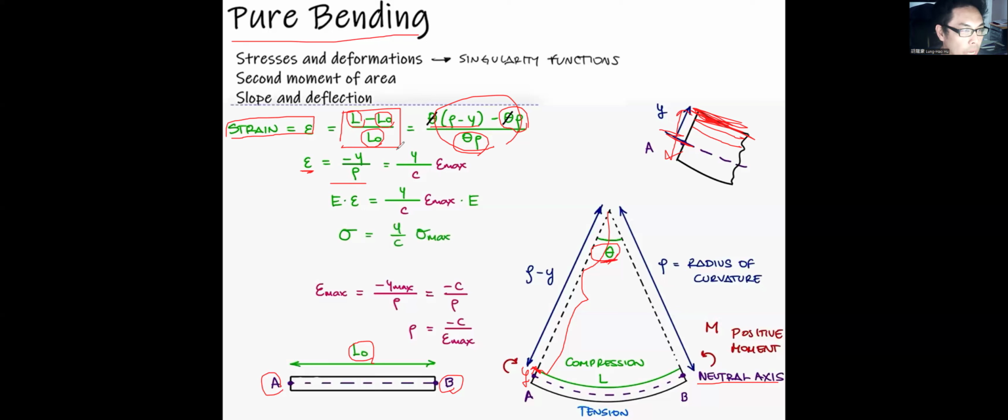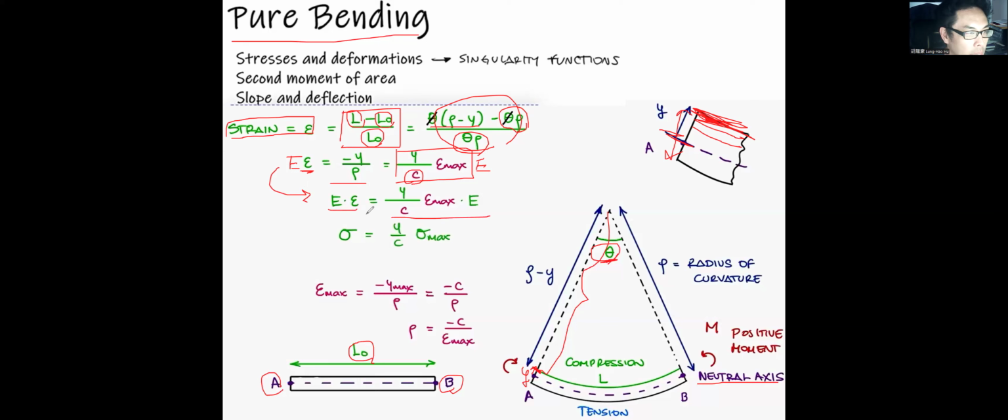And then we can rearrange it as Y over C times the maximum strain, in this case located at the top surface of the beam AB. And C is the distance from the neutral axis to the top surface or the bottom surface, depending on whether you're gonna work on the compression or tension. So if we multiply the Young's modulus on both sides, you get the next equation.